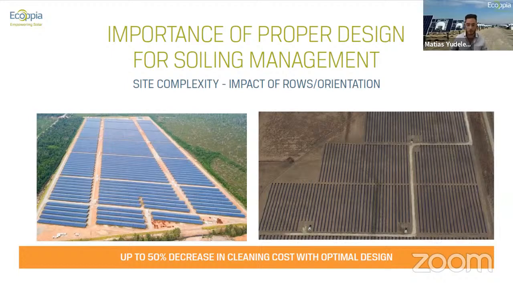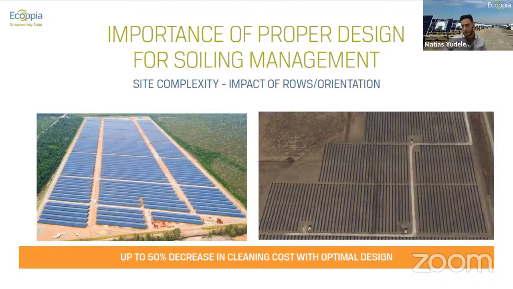As Enric also mentioned, there are a plethora of different considerations that need to be attended. And in this sense, we need to perform the right measures to optimize the design. One of these challenges is the site complexity, whether it's topography, slopes, tolerances, etc., and as well the impact of rows and orientations, whether we have short rows, as we can see on the example on the left, or longer rows north to south, as we can see on the right-hand example, as well as their orientation.